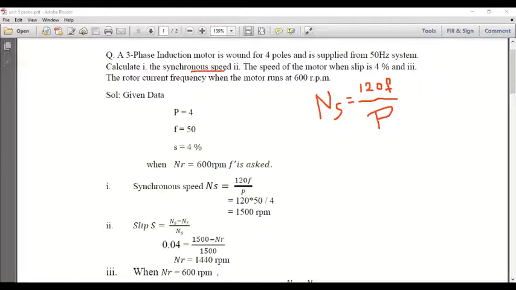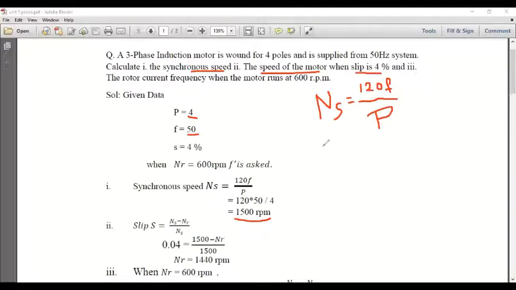The synchronous speed is ns is equal to 120 f by p. So f is the frequency at which the induction motor is operating, that is 50 Hz. So 120 into 50 by the number of poles, which is already given as P is equal to 4. So the synchronous speed is 1500 rpm. And then we need to find out the speed of the motor when the slip is 4%.